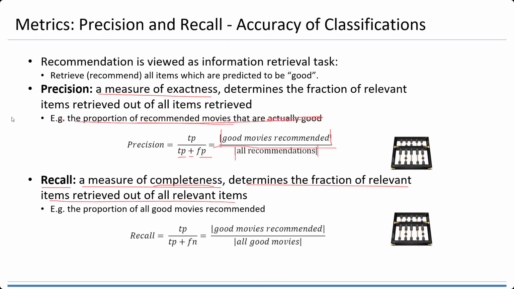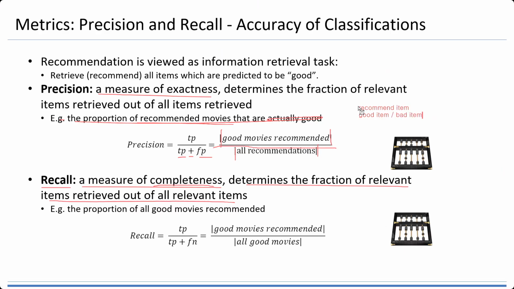Okay, so there are two categories when you recommend movies or items. It can be a good item or a bad item. What does it mean by a good item?